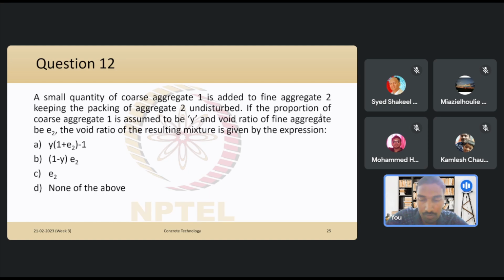We looked at the binary mixture, and there I actually gave the expression. So if you remember that, you can easily answer it. Otherwise you can take a moment to answer which of these is the right one. If you add y amount of coarse aggregate into a fine aggregate, what will be the void ratio of this binary mixture?